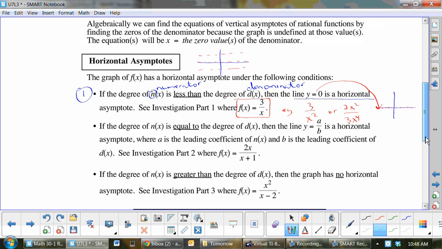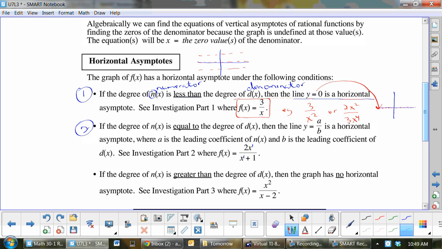Now the second scenario, there's only 3 scenarios. The second is, what if the degree of n of x is equal to the degree of the denominator? It will be a horizontal asymptote at a over b, where a is the leading coefficient of the numerator and b is the leading coefficient of the denominator. So first of all, you see these are both to the same degree.